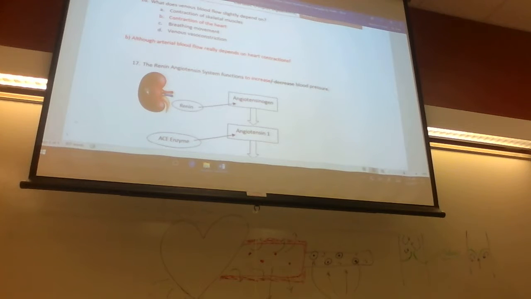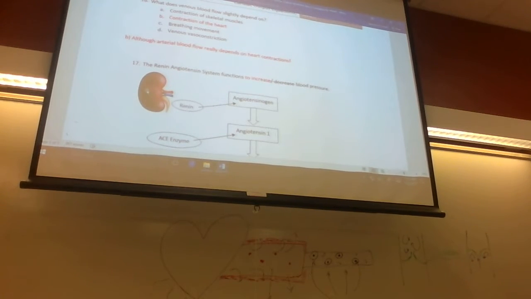So we like that. Breathing movement, when we breathe, that also can contract and relax vessels. So breathing is important, also for other reasons. And then also venous vasoconstriction, because like I said, if you constrict, it's going to speed up blood pressure. So when your veins vasoconstrict, it's going to push blood out pretty dang fast.